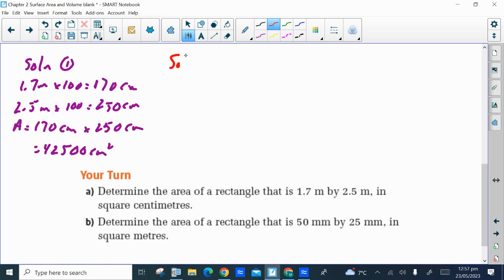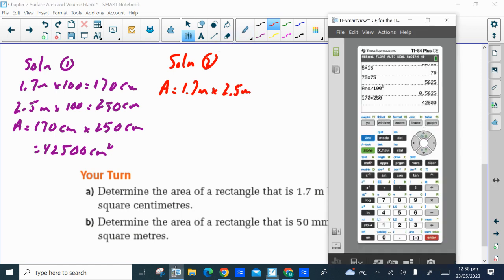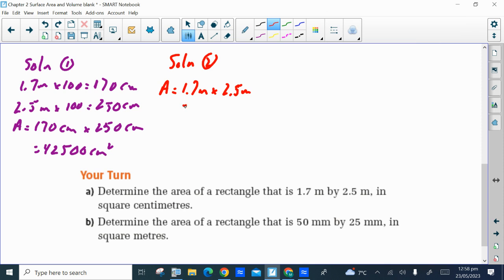The other way to do it, though, would be to take your dimensions and find your area in square meters by going 1.7 by 2.5. That's 4.25 meters squared. And then if you wanted to convert that into centimeters squared, you'd have to multiply by 100 squared.